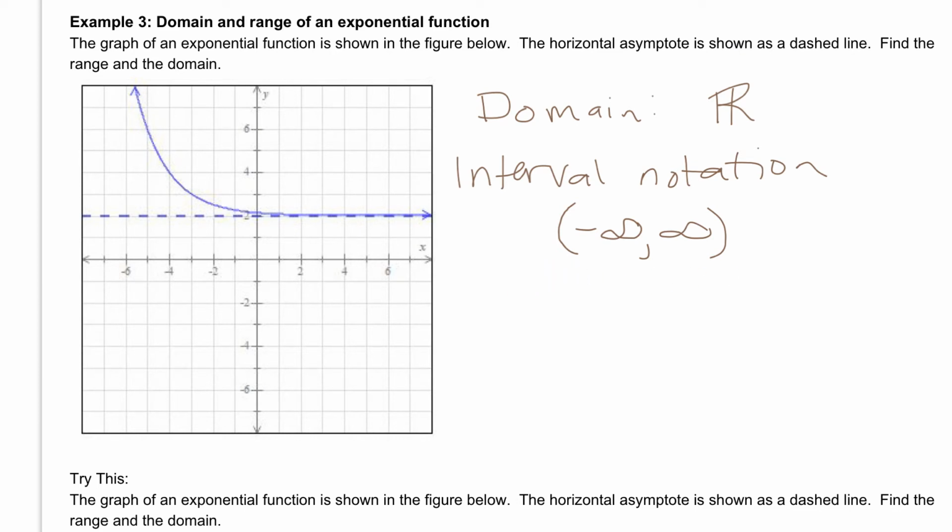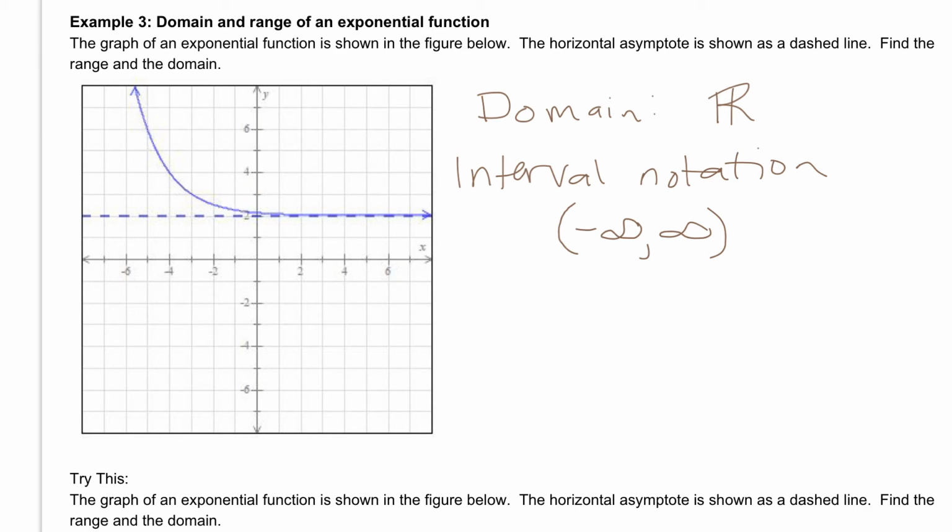Now, if we take a look at the range, that's when we're looking at all our y values. So now we're looking along the y-axis. As I travel along the y-axis, remember this is going to continue to go up. So all these y values up here will eventually find a point on my graph over here. Just like +6 is over here, +4 is over here.